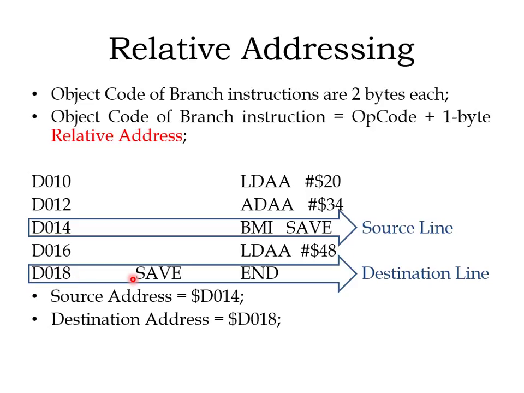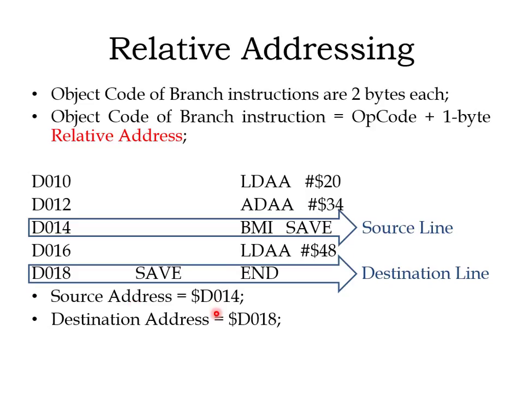So I need to know 2 different line addresses. One is the source line where the branch is located. One is the destination line where the branch will jump if the branch occurs. From those 2, look at this, at the bottom I wrote down the source address, which is D014, and I got it from the code.